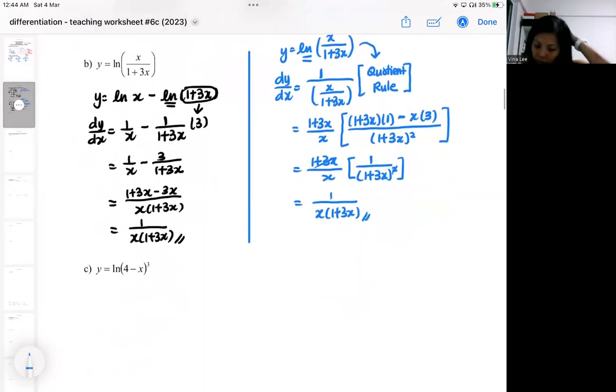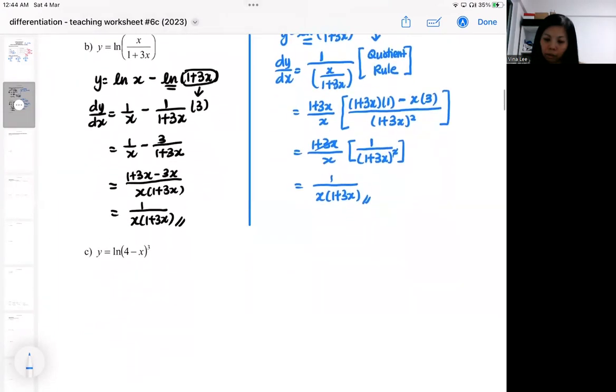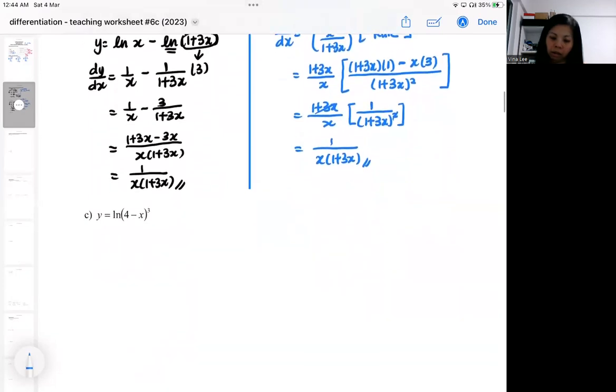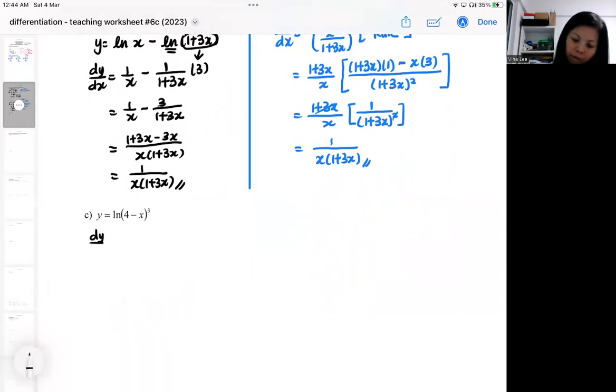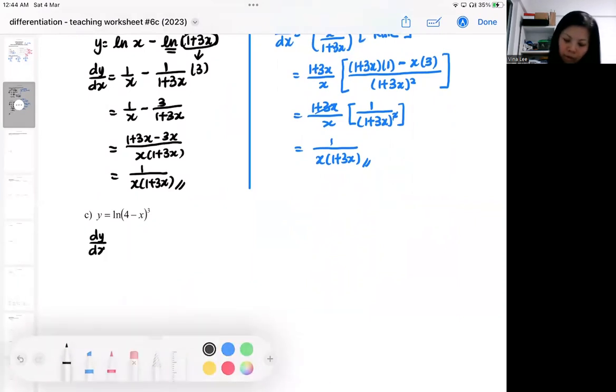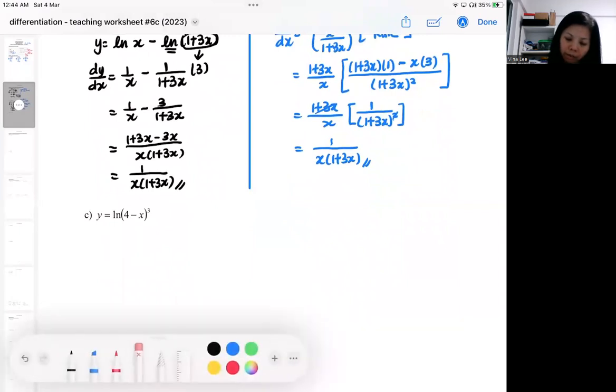Okay, so for this one, I will apply the bring down power for logarithm. Okay, let me show you the bring down power first. So I will bring down the power. So I'm not differentiating it.